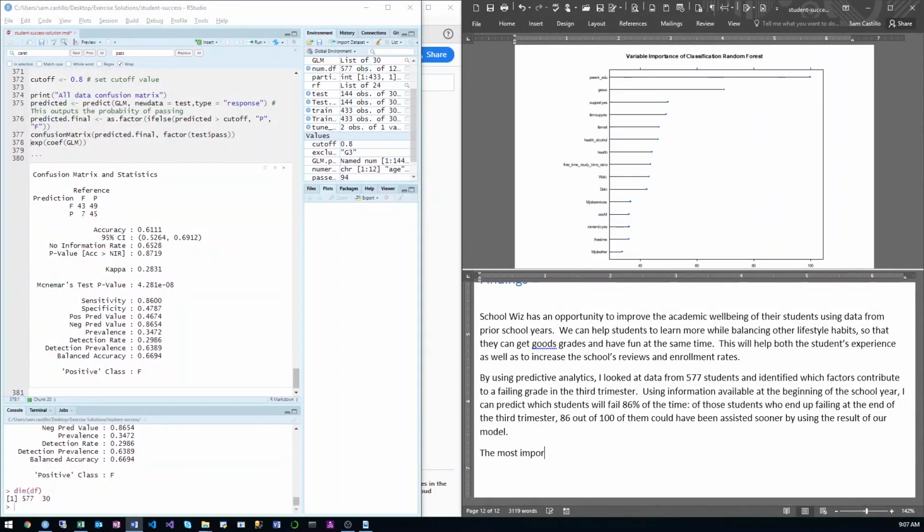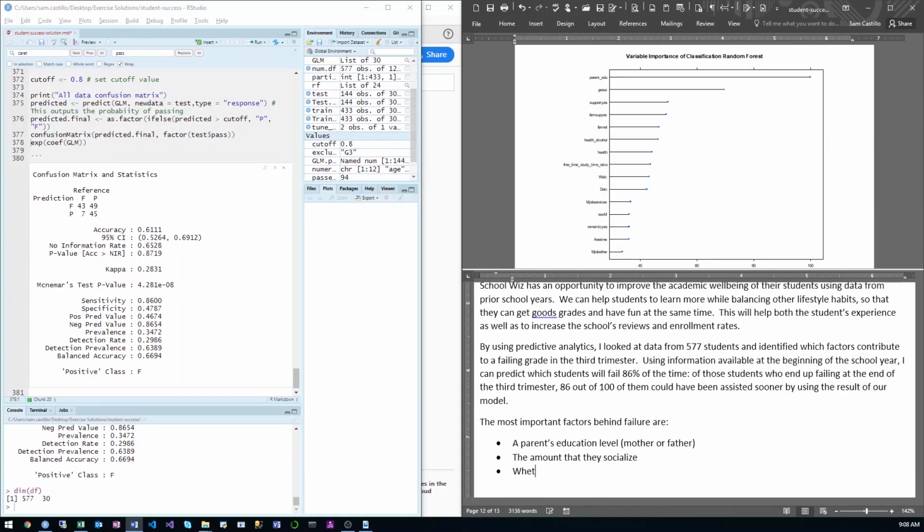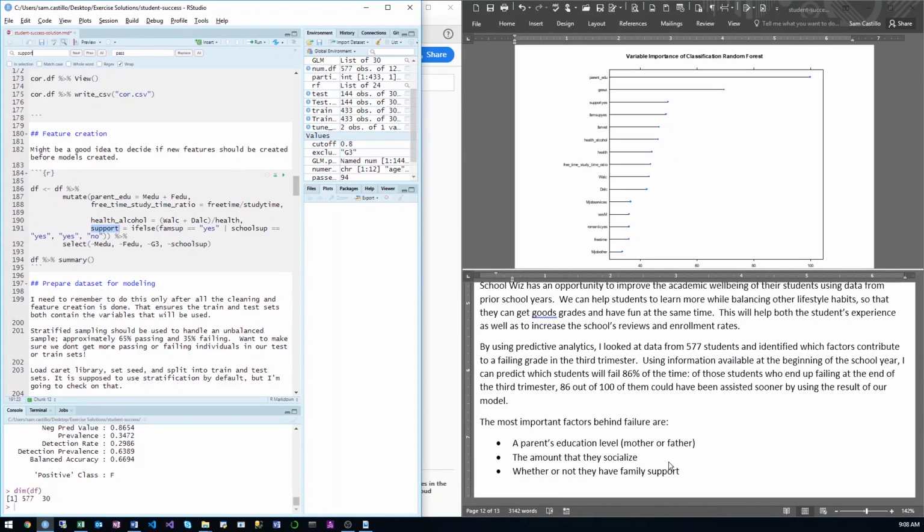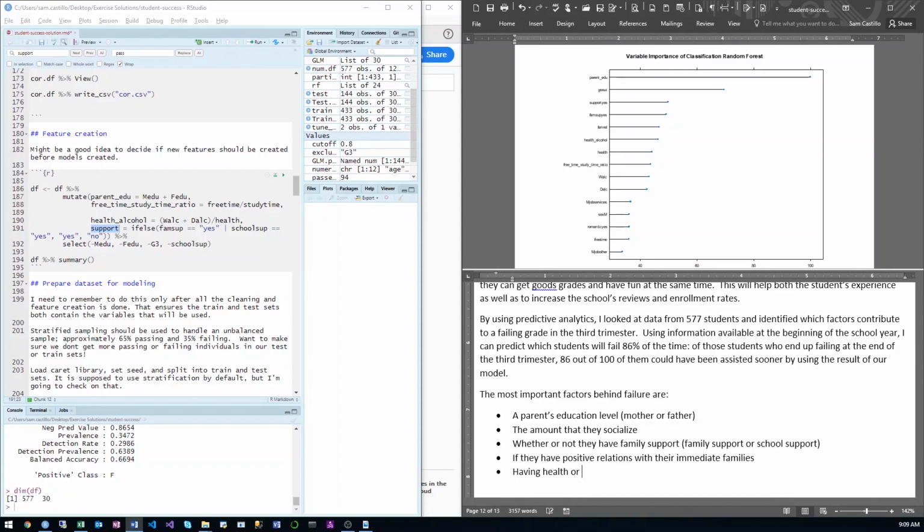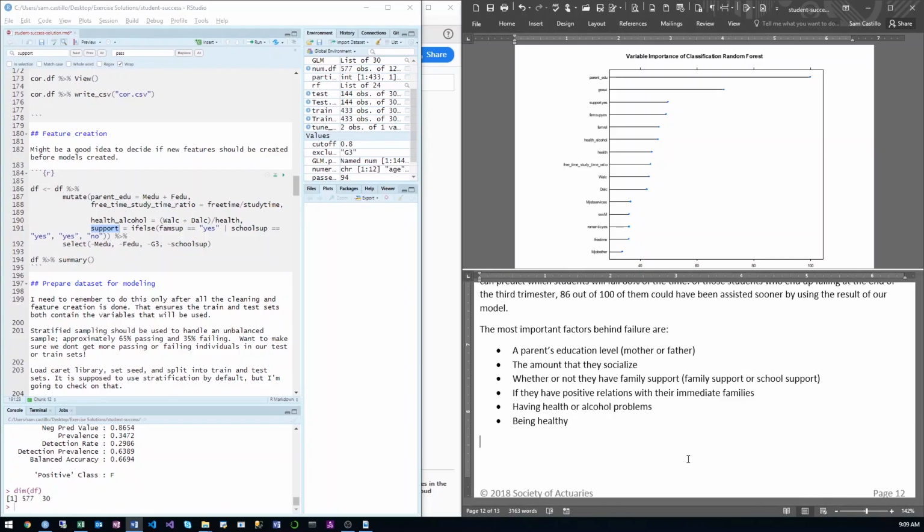The most important factors behind failure are a parent's education level, mother or father, the amount that they socialize, whether or not they have family support, which in this case is family support or school support, if they have positive relations with their family, having health or alcohol problems, being healthy, and now I can go back and look at the signs.